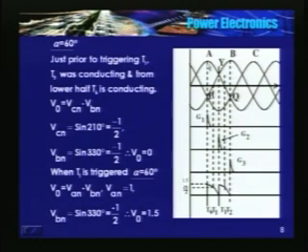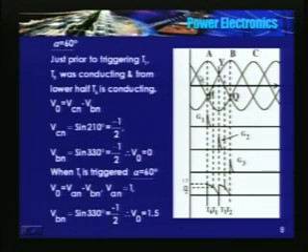Prior to triggering T1, T5 was conducting in the upper half, and in the lower half, T6 is conducting. So what is the output voltage just prior to triggering T1?